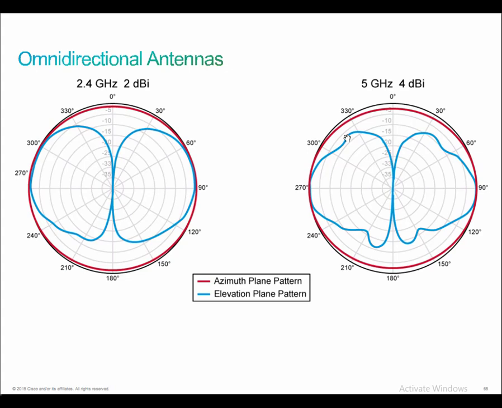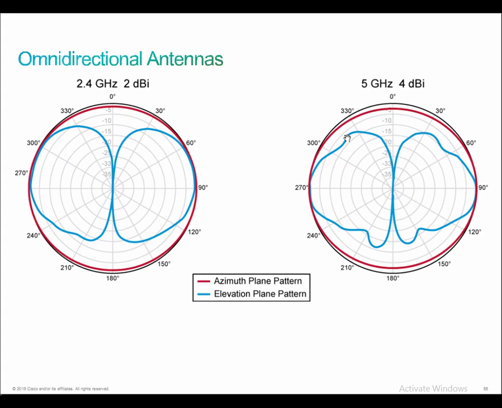The antenna radiates everywhere in the horizontal plane. We can see that depicted in the red, to reach clients in the whole room or on the horizontal plane, but it does not radiate in all directions on the vertical plane. Depending on how the antenna is oriented, I could cover a conference room or a floor, but I couldn't cover the floor above and the floor below. That's not to say that that doesn't happen.